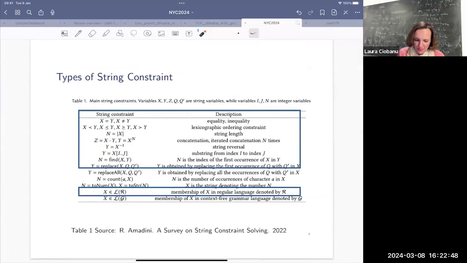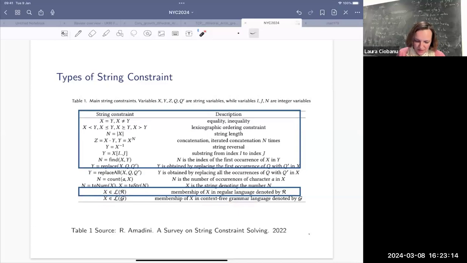So here, for example, let's see. This is all about word equations, and this one is rational constraints. So it's asking, is X in L of R, where L is a regular language? Or you can ask, is your variable in a context-free grammar?